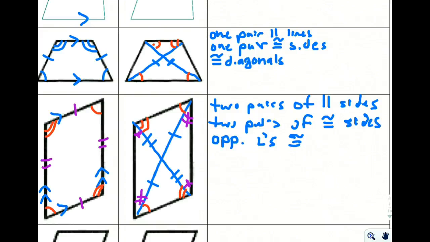And we'll also say diagonals bisect each other. So we have opposite angles are congruent, diagonals bisect each other.